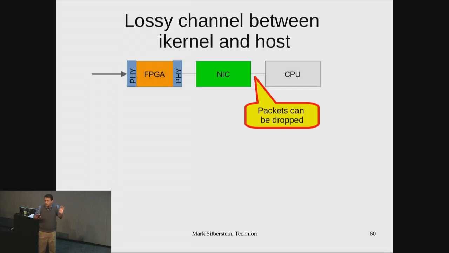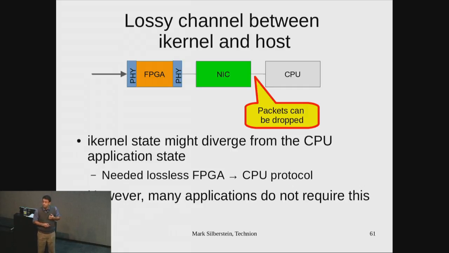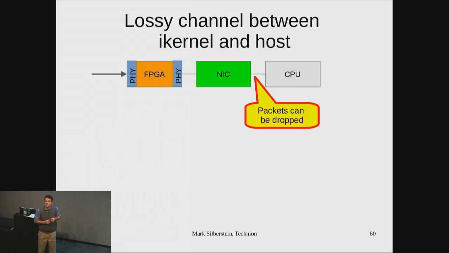Now, it's totally legitimate to drop packets in regular Ethernet, right? As you can imagine. But the problem, yes, sorry? I'm sorry for interrupting. So what is that link between the CPU and the NIC then? It's not PCIe anymore? Right, it is PCIe, but on the hardware level, you send packets very reliably. But it's not RDMA.